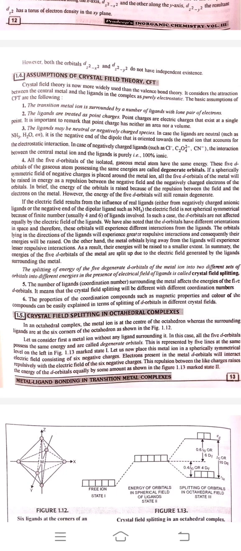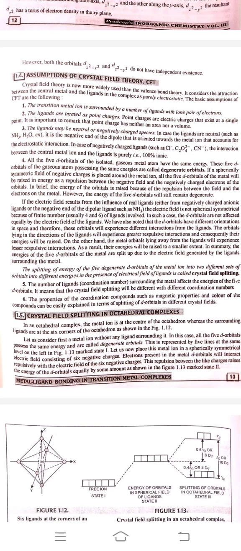In summary, the energy of the 5 d orbitals of the metal is split up due to the electric field generated by ligands surrounding the metal. The splitting of the energy of the 5 degenerate orbitals of the metal ion into different sets of orbitals with different energies, due to the electric field of ligands, is called crystal field splitting.